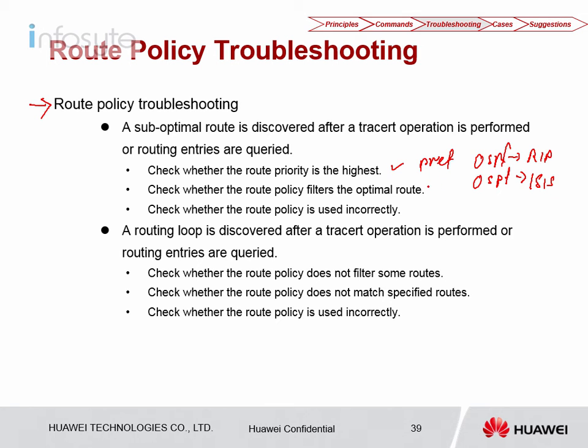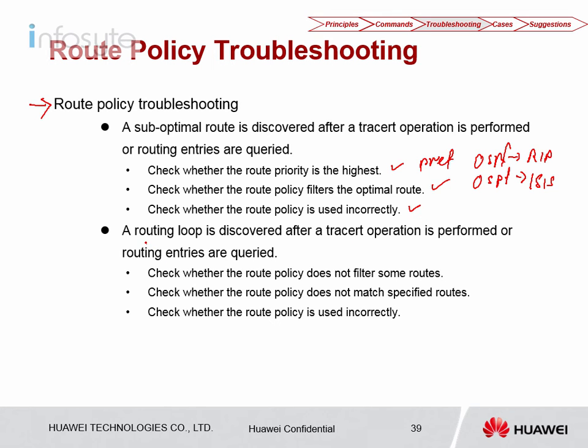Check whether the route policy filters the optimum path. If you have filtered the optimum route, then you have to use another way to make sure the path is optimum. Check whether the route policy is used incorrectly. Maybe you configured some permits and forgot about the deny, because there is always an implicit deny at the end of the route policy.